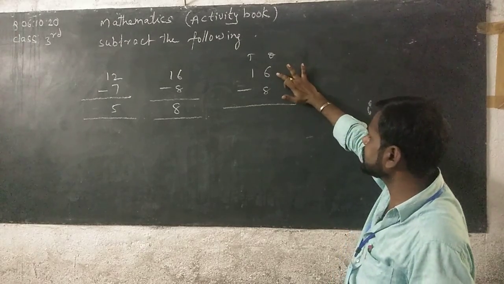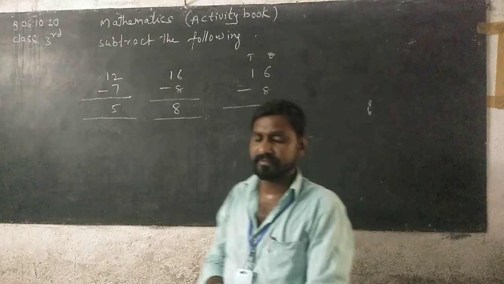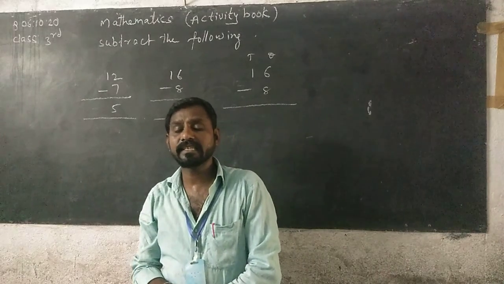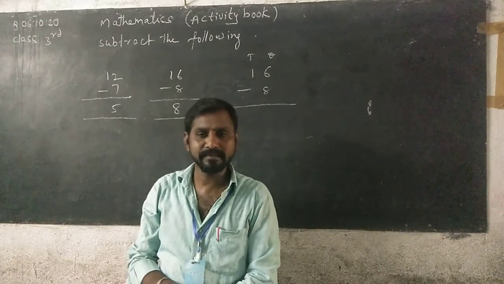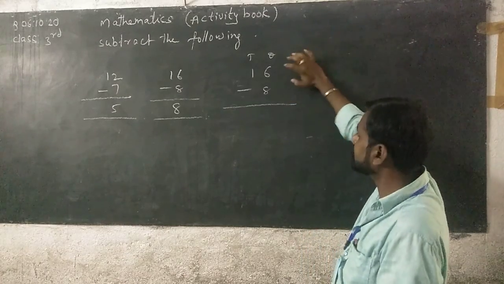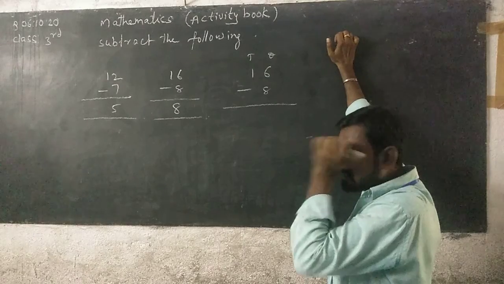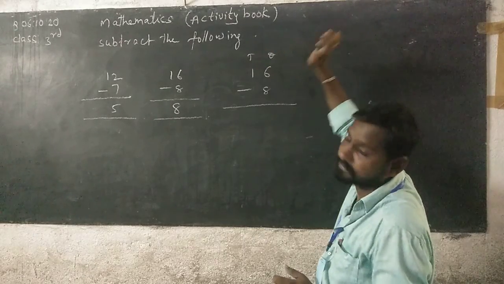So 6 is less than 8. 6 is less than 8. Possible? This is the smaller number, this is the bigger number. So it is not possible. What do we have to do? You take a borrow from the tens place.